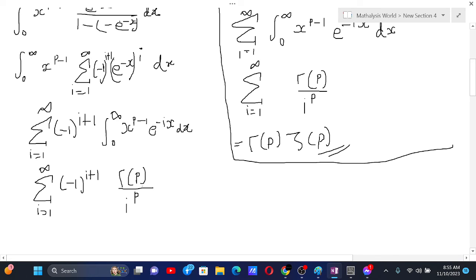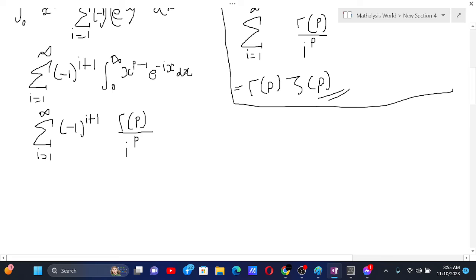Now if we take gamma of p out, this actually becomes the Dirichlet function: the summation from i equals 1 to infinity of minus 1 to the power i plus 1 by i to the power p.